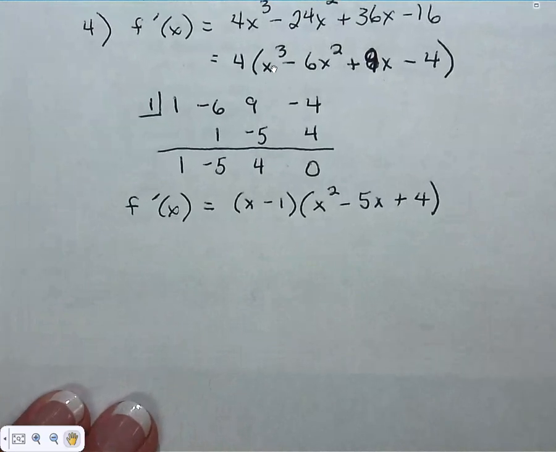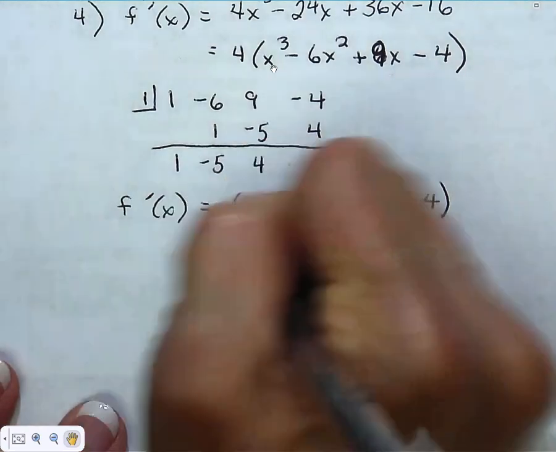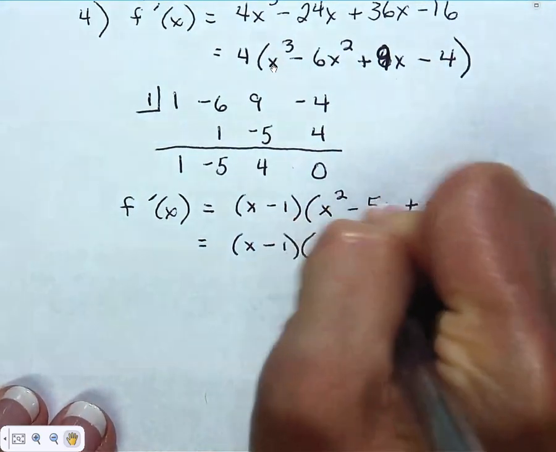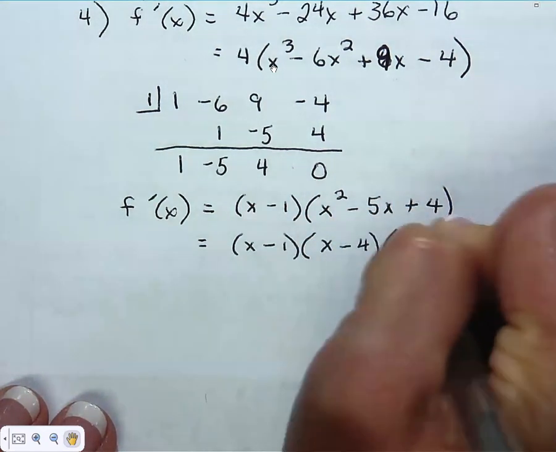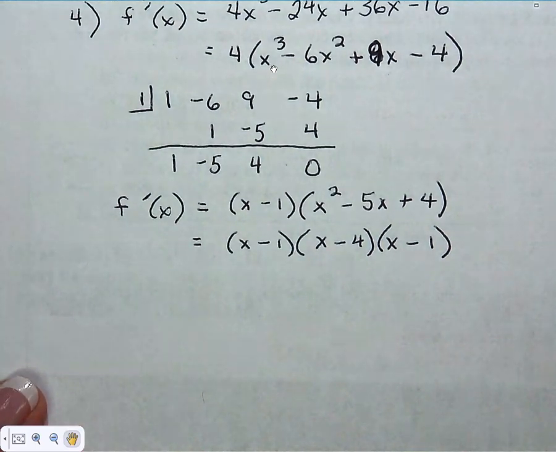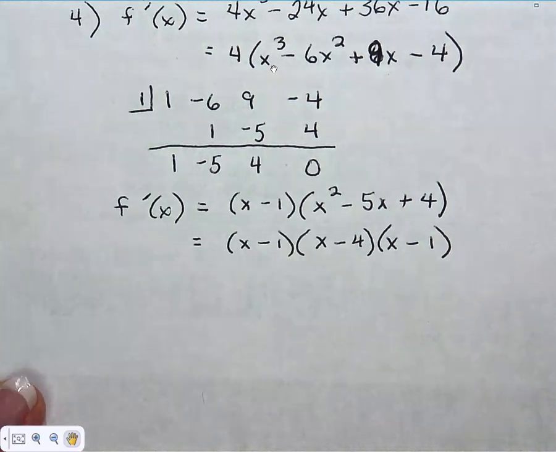All right, so I had to use a trick, synthetic division, to get it down into something manageable. But now I can see that the derivative is this. Please check your factoring. I don't want you to make a mistake right here and the whole rest of the problem be wrong.